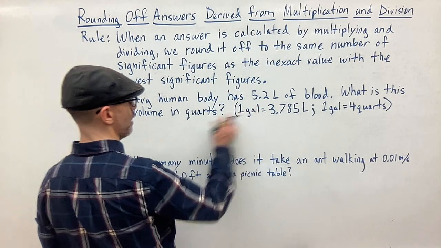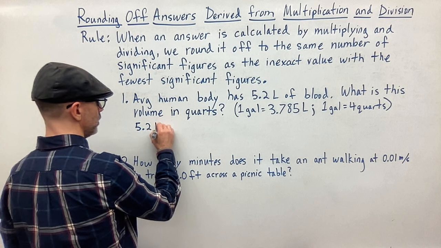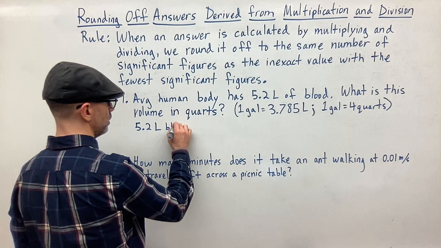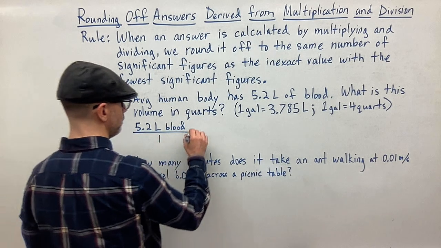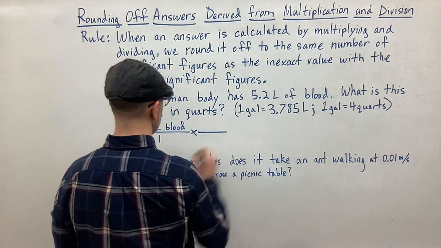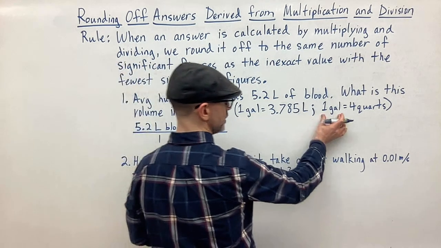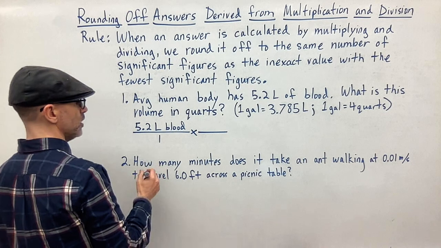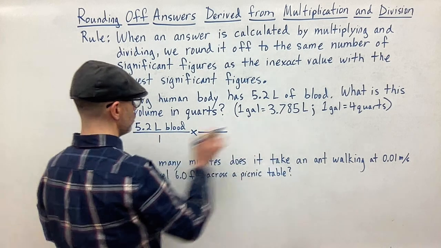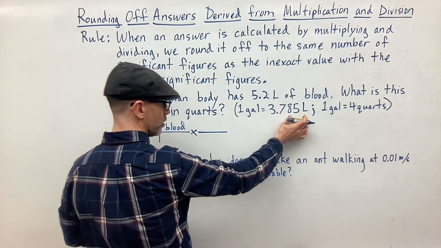So we start with 5.2 liters of blood over 1. And we're going to convert liters to gallons because then we could use gallons to convert to quarts, which is what they want. So I have liters of blood on the top, so I want liters on the bottom.